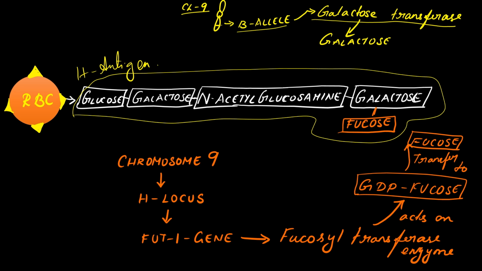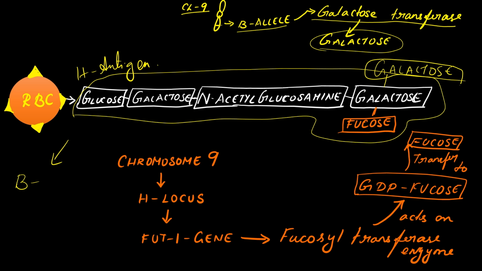This transferase enzyme is going to transfer galactose to the H antigen here, to this particular base. Once it is added, this H antigen will be converted into the B antigen. Once it is the B antigen, the RBC will become mature and will be differentiated into the B blood group.